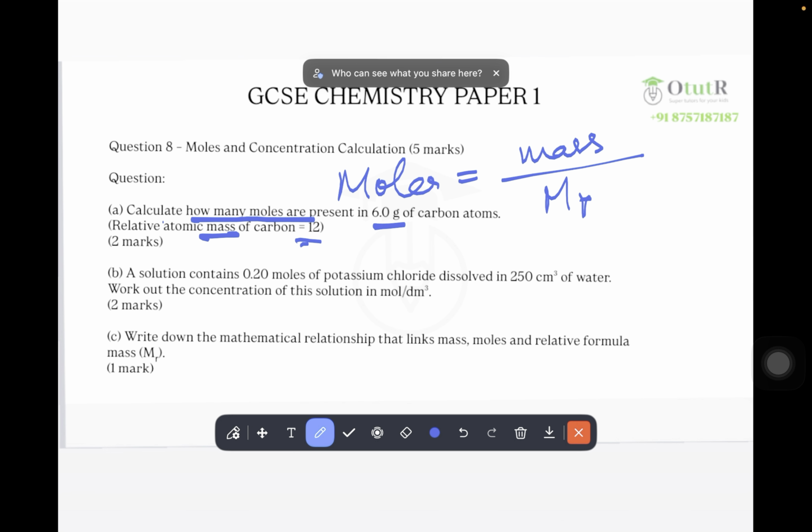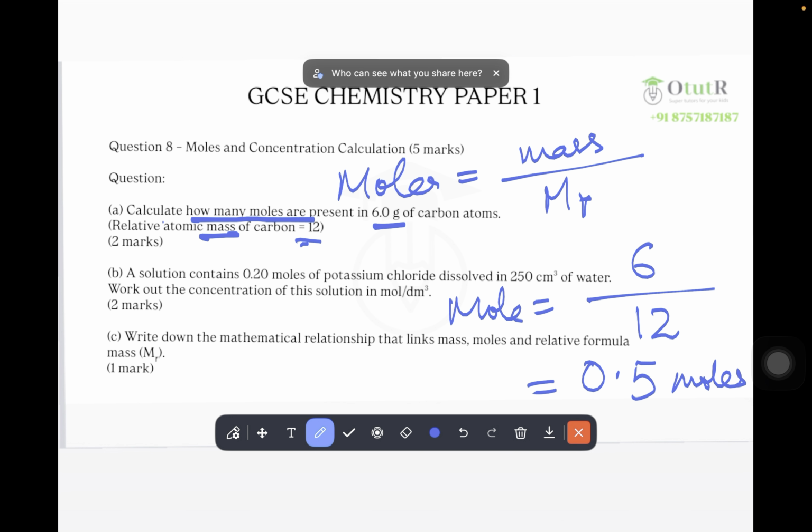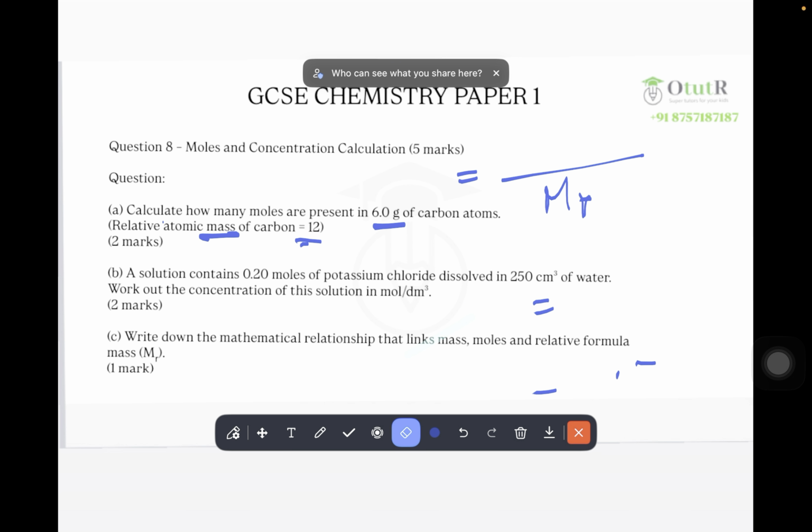The mass given is 6 and the relative mass we know is 12. So 6 upon 12, which is 0.5 moles. Alright, easy.